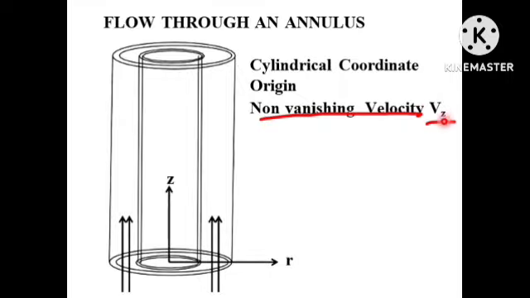Vz will be our velocity. This is the z direction, moving forward in the z direction. This is the r direction, and this is moving forward. So remember this, that cylindrical coordinate origin. This point is your origin, and this is the non-vanishing velocity, which we termed Vz.